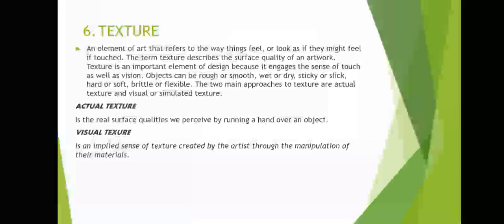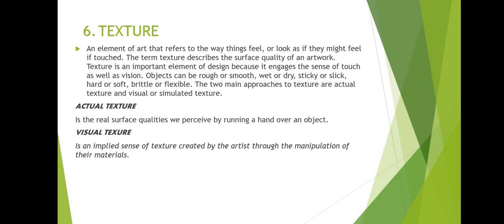That is what we call texture. Not only for touching: when it comes to artwork, textures may be viewed visually. You can see if the painting or artwork is rough or otherwise. So not just for the sense of touch, but also visually we can tell the texture of that particular artwork.